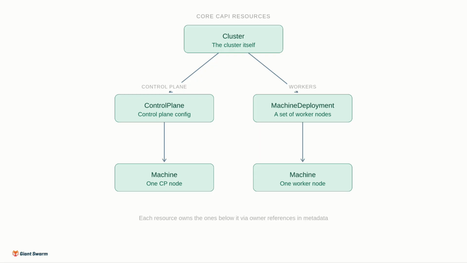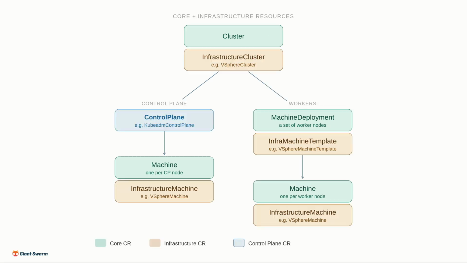Any Cluster API cluster kind of looks like this. So there's the central resource, which is the cluster resource, and then you get a control plane, you get a machine deployment or machine pool, which represents your workers. And then there's one machine CR for each node in your cluster.